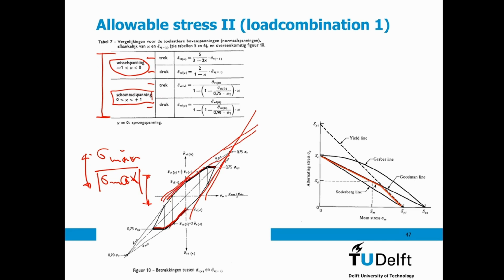And these are parallel, while these two in the end run into this point. So the effect of the average stress is taken into account by slightly decreasing the stress variation depending on the average stress.